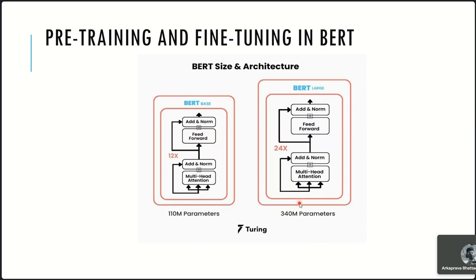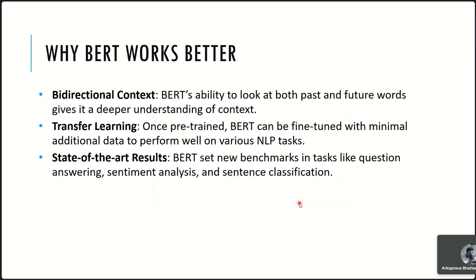You have 110 million parameters for the base BERT model, and 340 million parameters if you have the larger size BERT model. And bidirectional context, that is, the pre-trained model is itself called transfer learning.